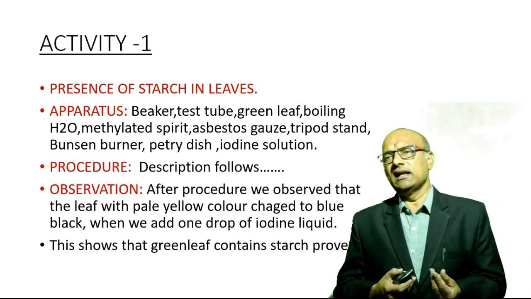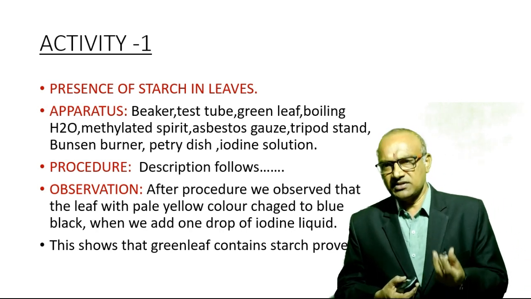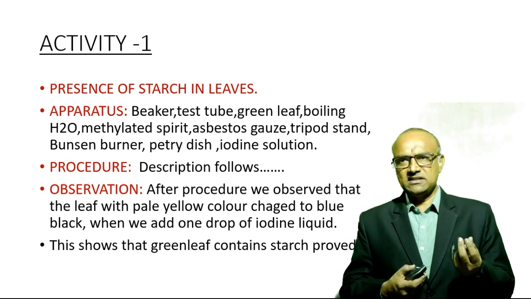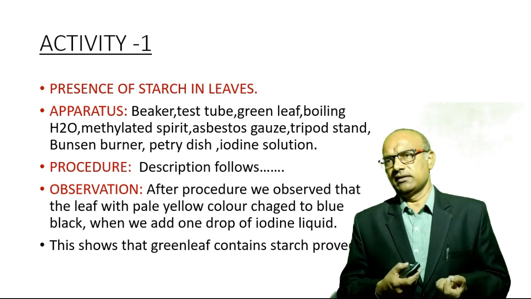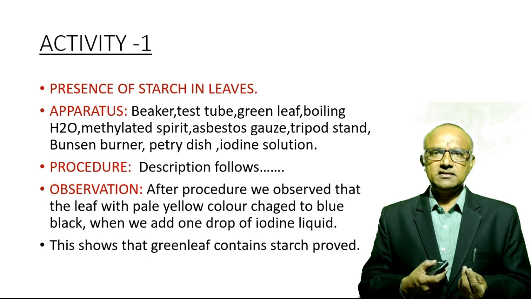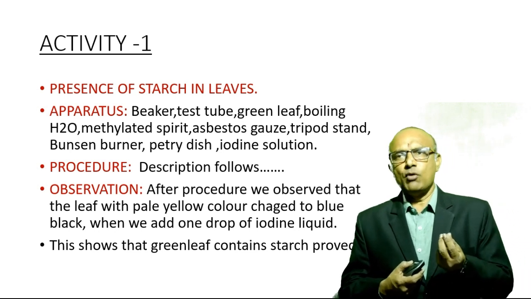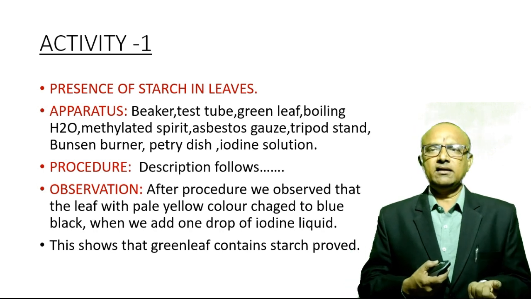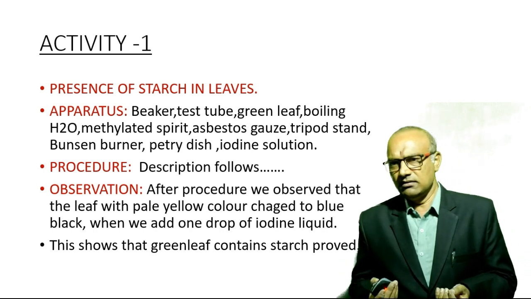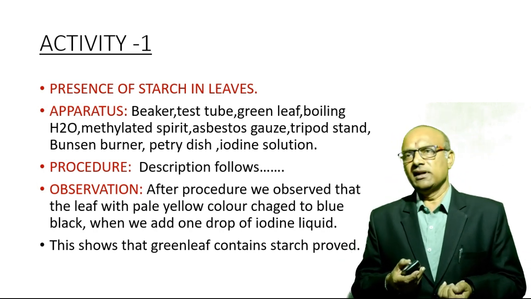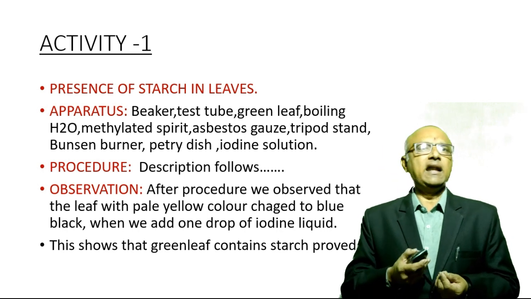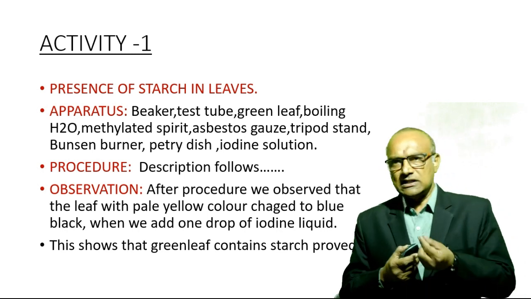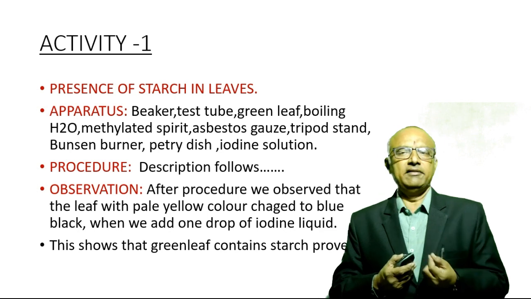Heat gently by putting it on the tripod stand with asbestos gauze and a Bunsen burner. After a few minutes, the water starts boiling. Then remove the test tube from the beaker and keep it aside gently without any disturbance, handling with care. Later on, slowly take out the leaf.